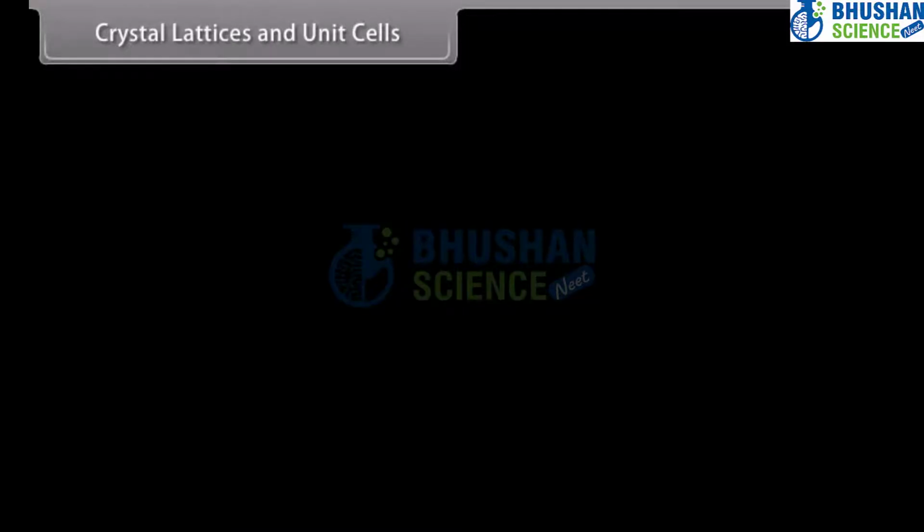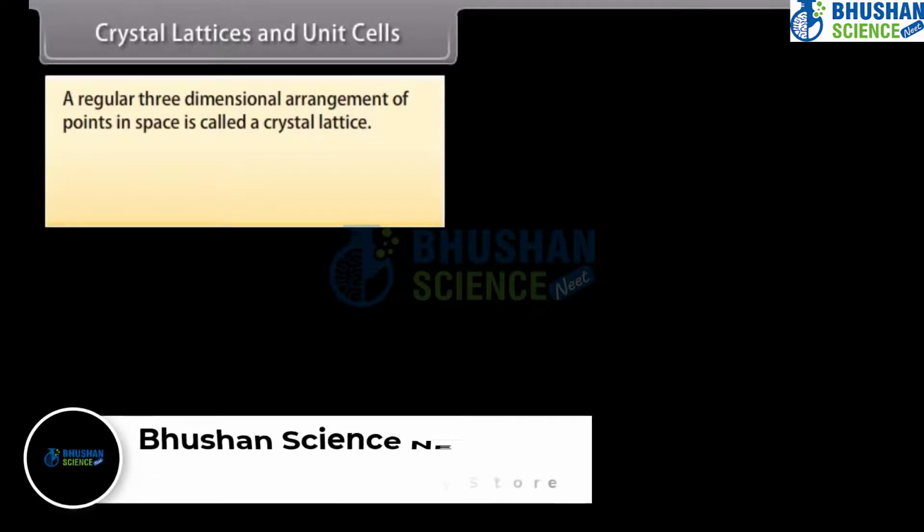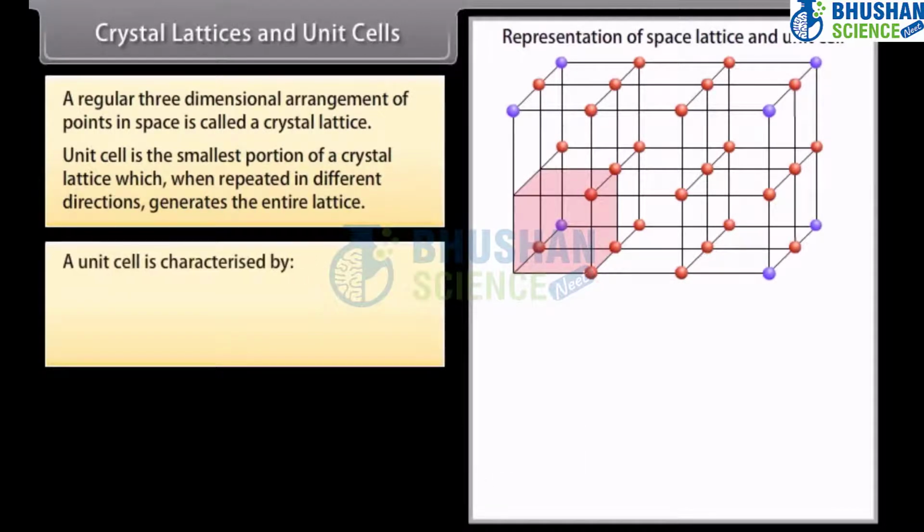Crystal lattices and unit cells. A regular three-dimensional arrangement of points in space is called a crystal lattice. Unit cell is the smallest portion of a crystal lattice, which, when repeated in different directions, generates the entire lattice. A unit cell is characterized by 1.